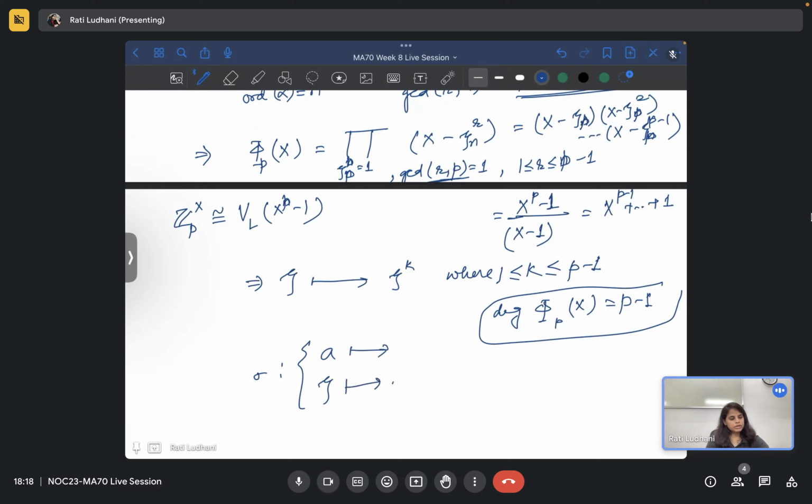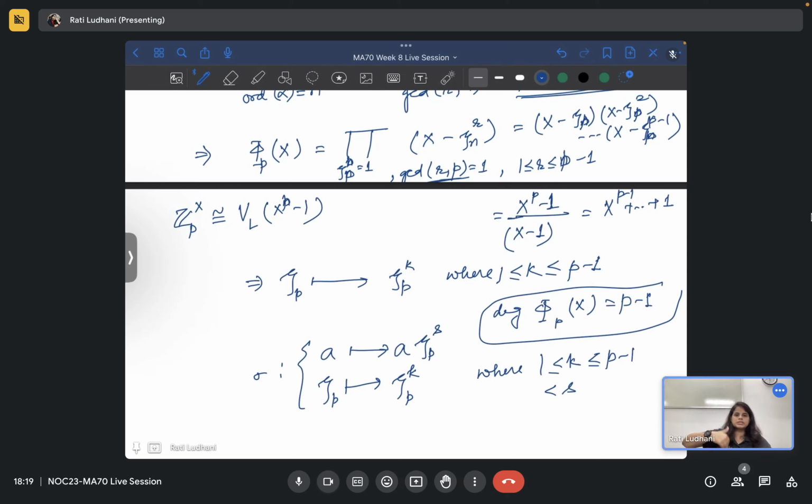So in general, zeta p raised to power k will map to zeta p raised to power s, where k is in between 1 and p minus 1, and s could be such that we have all options as all the roots of the minimal polynomial x raised to power p minus a.